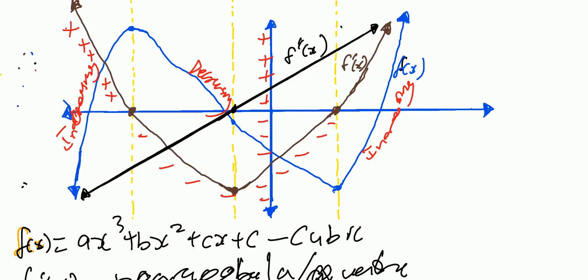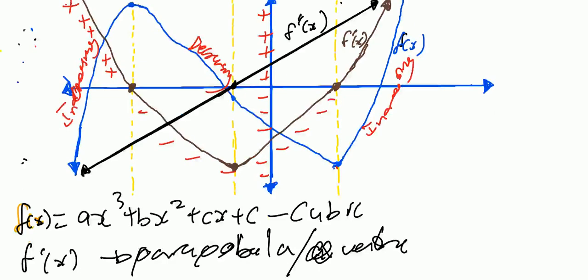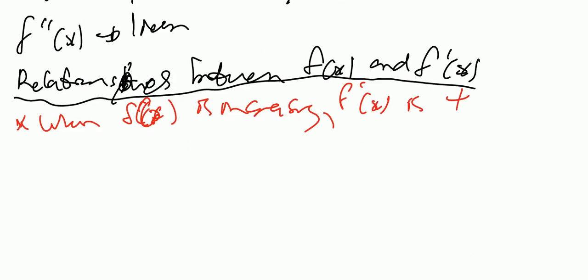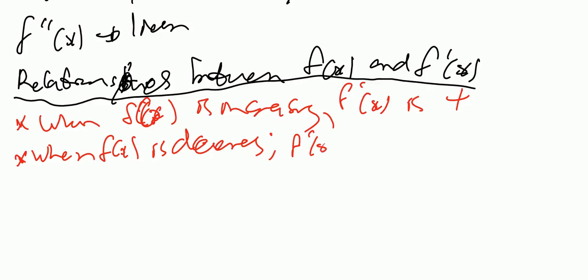That means our graph is negative below the x-axis and positive above the x-axis. So when our f of x is decreasing up until here, see the dotted line, your f prime x is negative. When f of x is decreasing, then f prime x is negative.